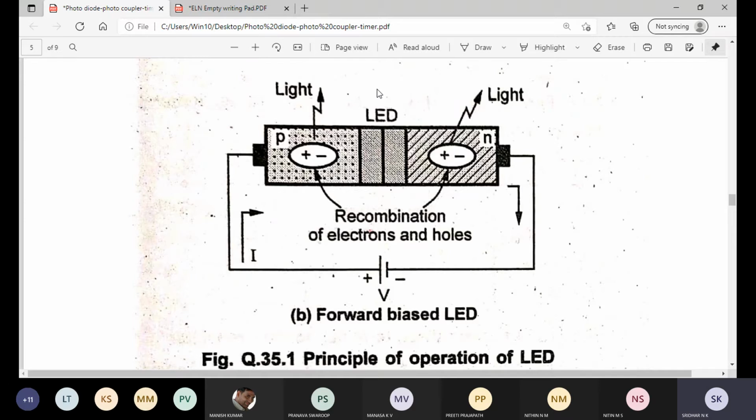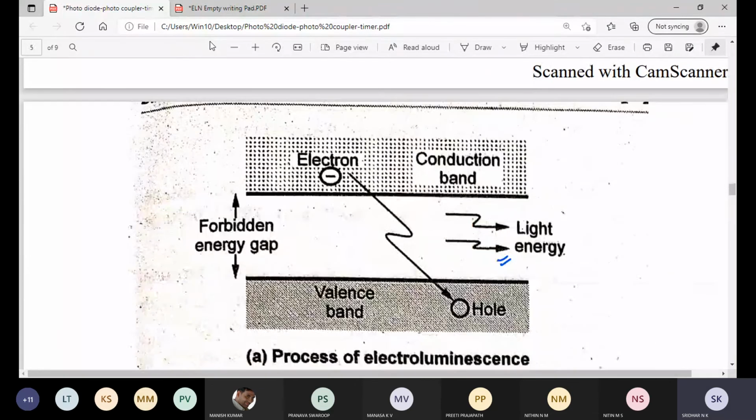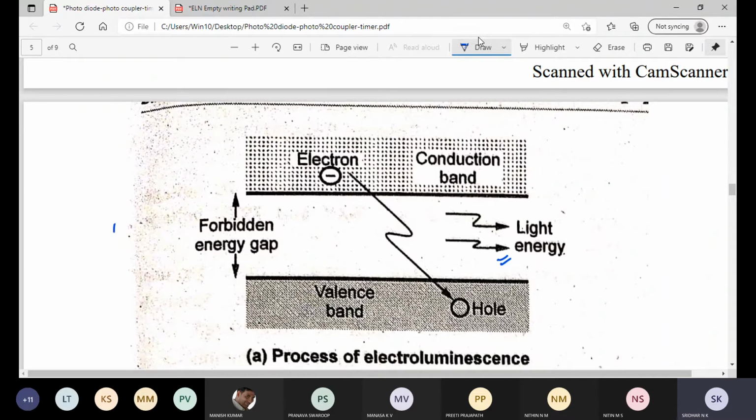See, this forbidden gap is there, no? If this energy level is less than 1.63 electron volt, this will be infrared.